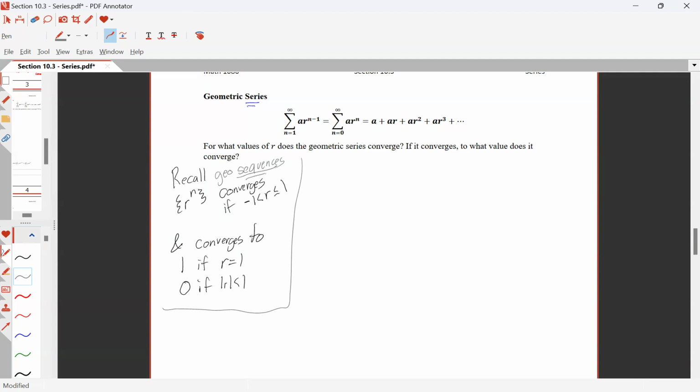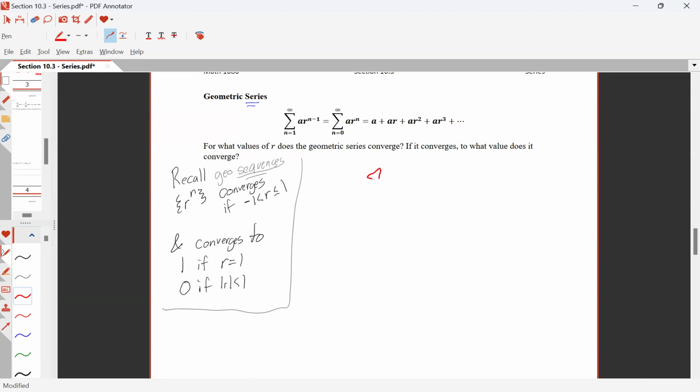We are going to use this knowledge of geometric sequences to help us figure out when a geometric series converges. Now, recall, to tell if a series converges, we're going to look at the sequence of partial sums.